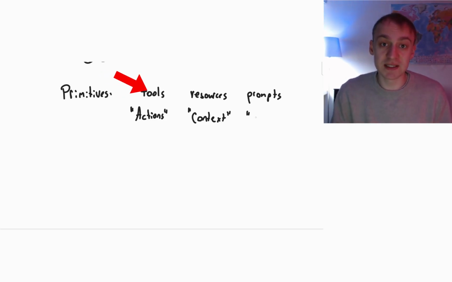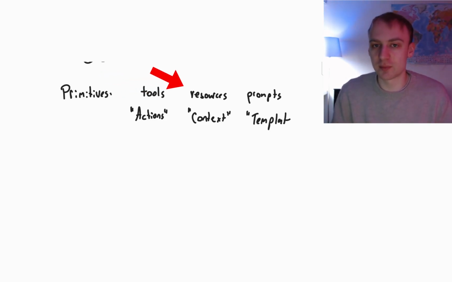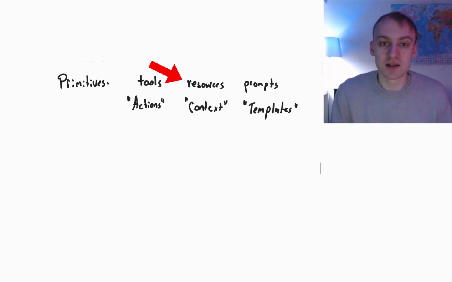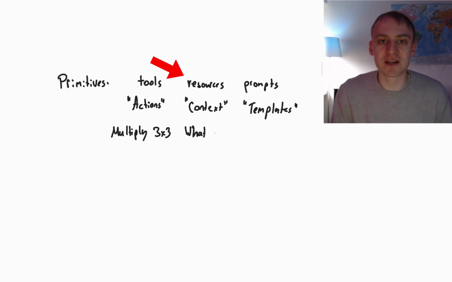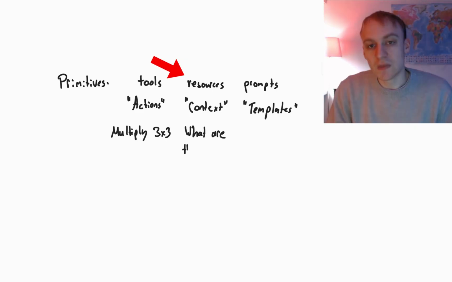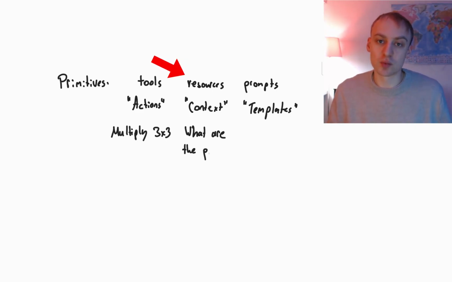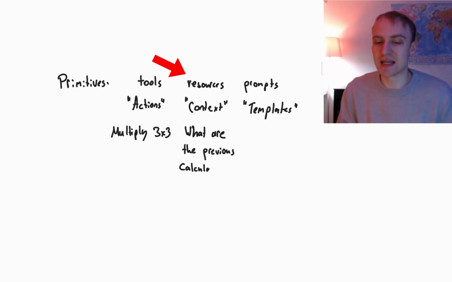The resources primitive can be used to provide context information to the large language model. So this is not a function that the LLM can trigger, but just data that the AI model can access for context or information. To stick to our calculator example, resources could include a live history of previous calculations. Or it could include live weather data, which is put into the resources to be retrieved by the LLM, or a summary of the latest emails.